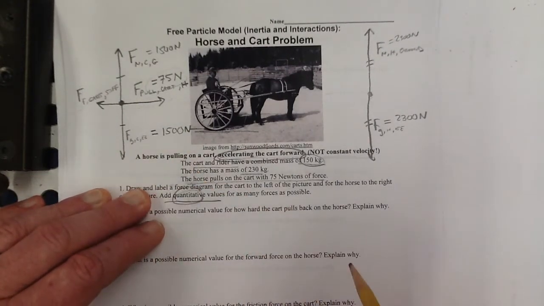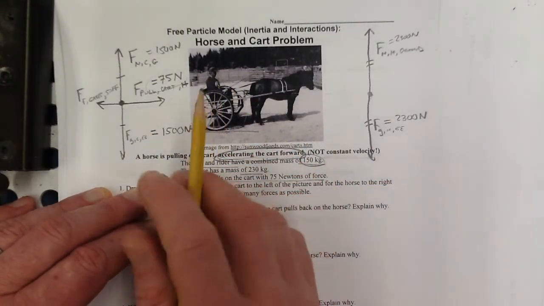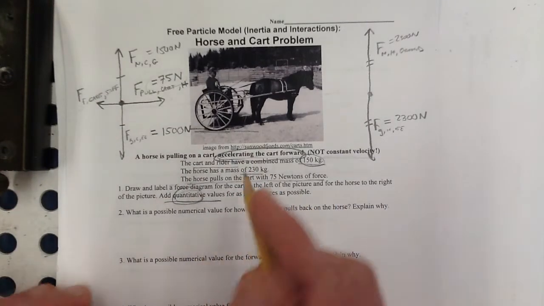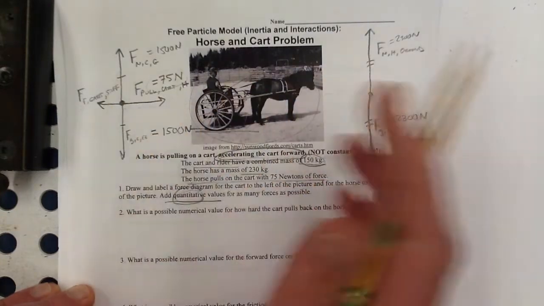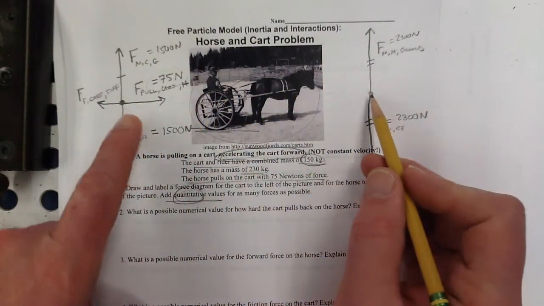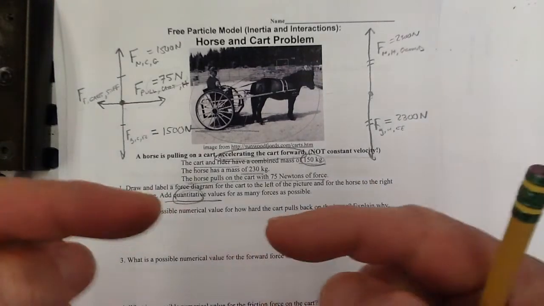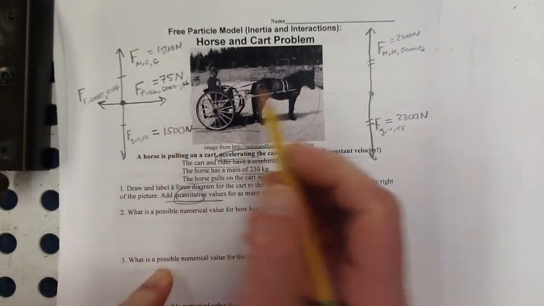And let's see. The important Newton's third law thing here is anytime in physics class that you find yourself making 2 force diagrams, or maybe more, for 2 things that are interacting with each other, there's going to be a Newton's third law pair. In other words, that equal opposite. What are the 2 things that are interacting here? The cart and the horse.